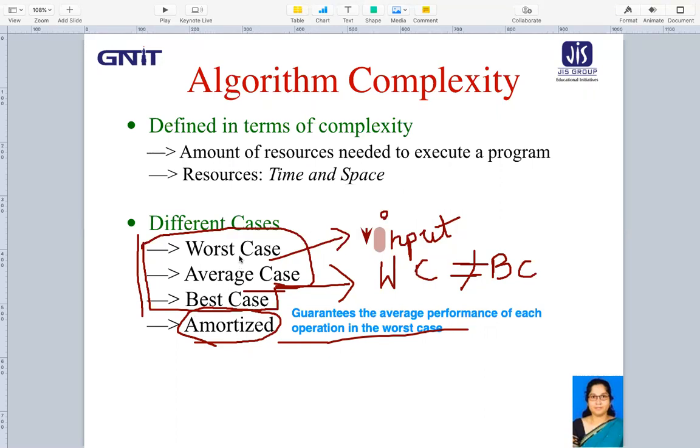If the worst case and the best case complexities are the same, then the average case is the same, and the question doesn't come up. For a random input, what is going to be the complexity? If these two differ, worst case and best case, then only the average case analysis question arises.